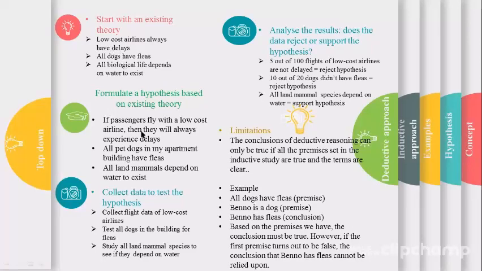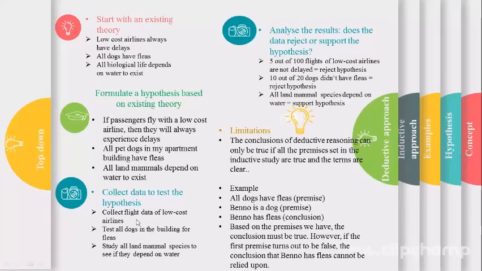So what is the hypothesis? Since the theory is that low cost airlines always have delays, the hypothesis is: if passengers fly with a low cost airline, then they will always experience delay.